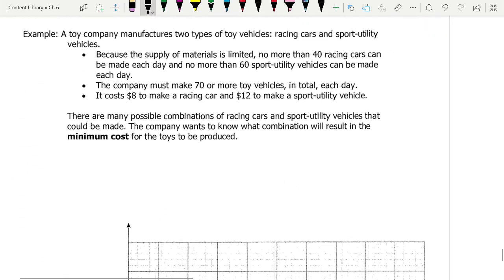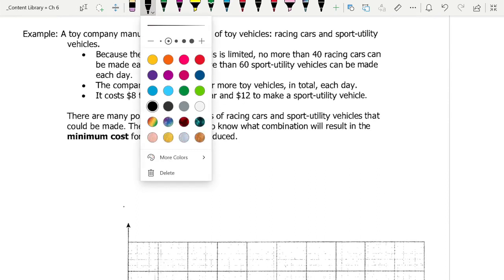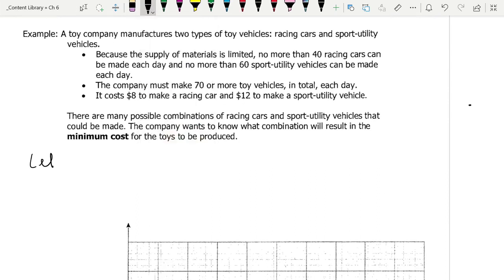All right, so first step is to define our variables. First step is to make the pen work. Go away. Let X equal the number of race cars produced. This is about materials and production, made per day.